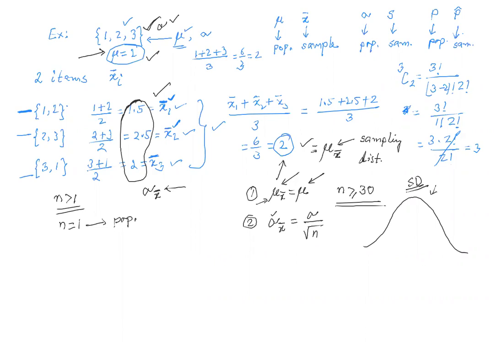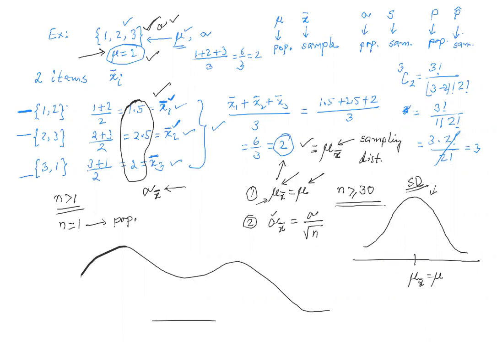The sampling distribution of the sample means is bell-shaped or normal or Gaussian, and the average mu sub x bar is actually equal to mu. That means the population distribution. If the population is distributed like this, some arbitrary distribution we don't know, that's your mu and your sigma.